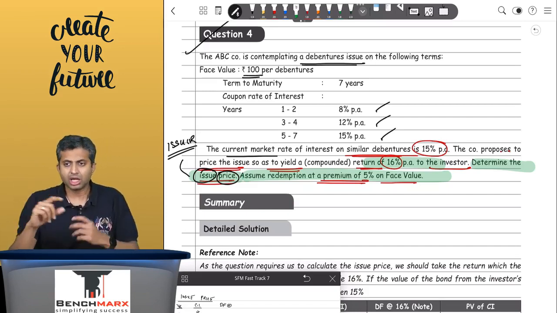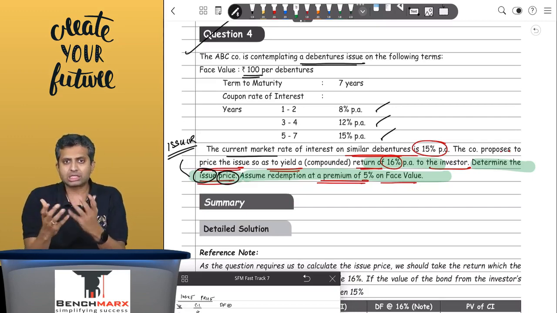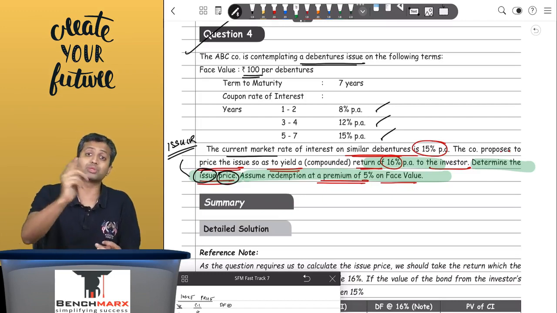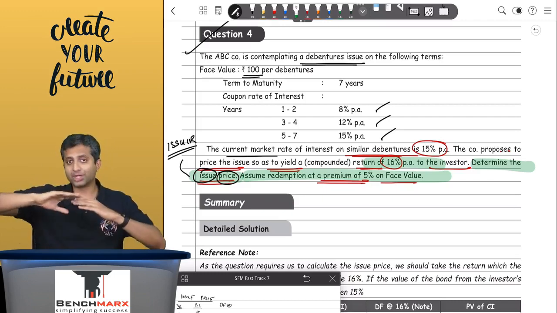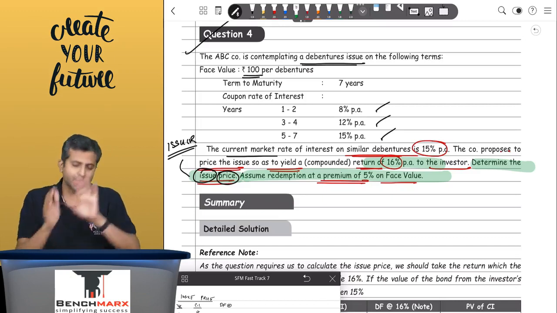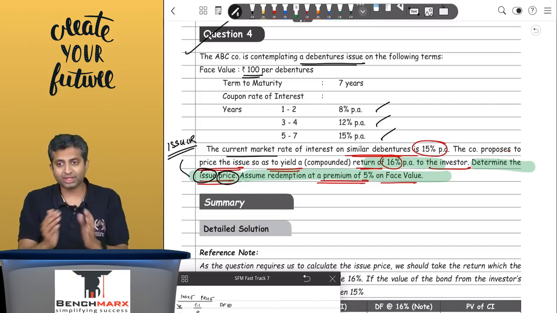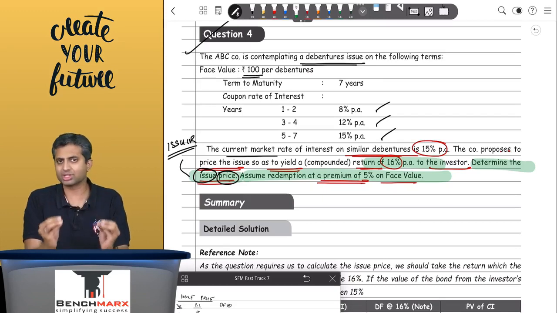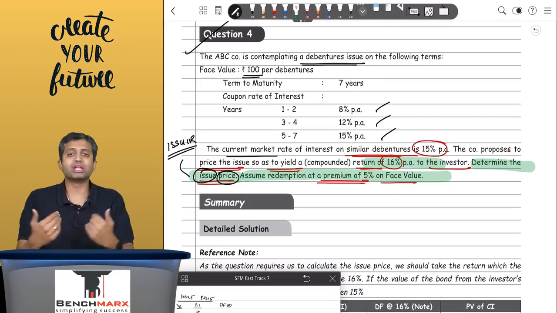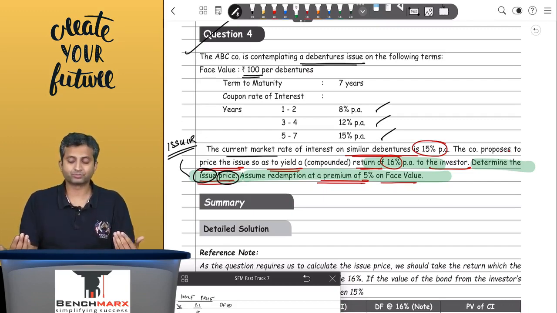And as a result, the intrinsic value of this bond will be higher than the issue price, and hence you see a lot of times in IPOs at the time of opening there's a huge increase in price. That is because, among other factors, one can always say that, well, the issue was priced at a discount, or issue was priced so as to give the investor a better return.